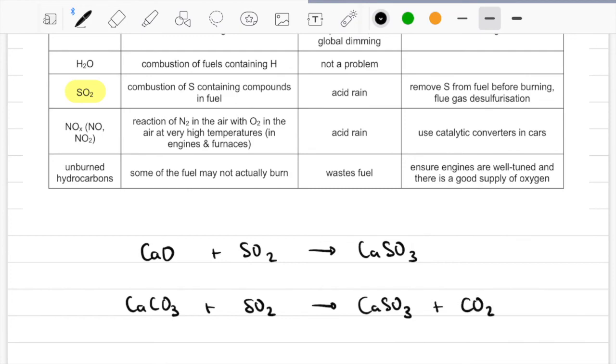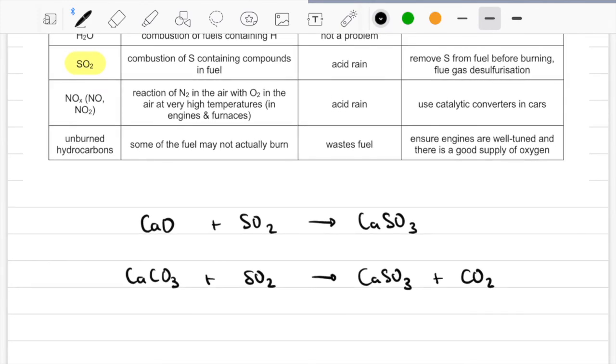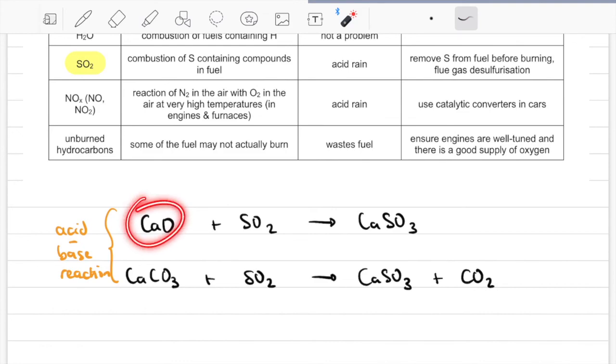Now, they can sometimes ask you what type of reaction this is. This is an acid-base reaction, so they're both acid-base reactions, and that's what you would say. You'll understand this a little bit better when you've finished the course, but a rule of thumb is that metal oxides are bases and non-metal oxides are acidic.